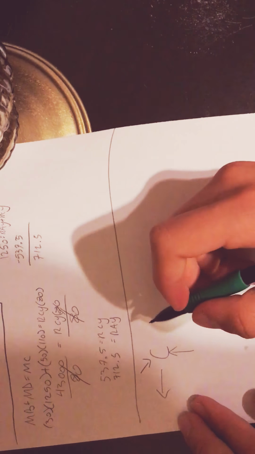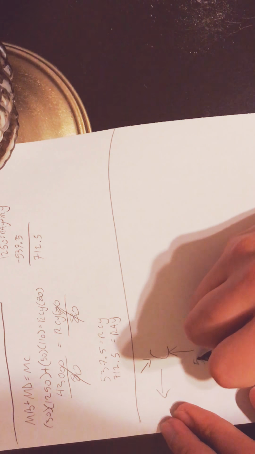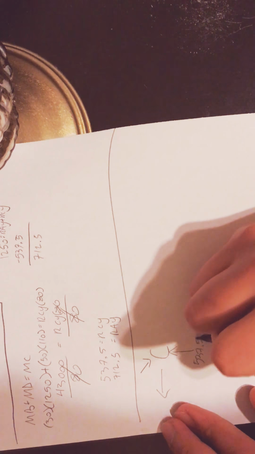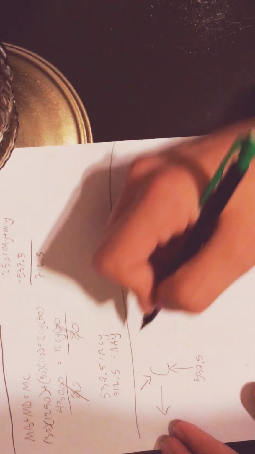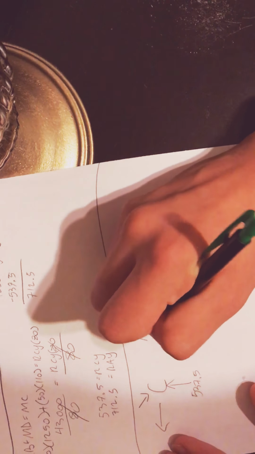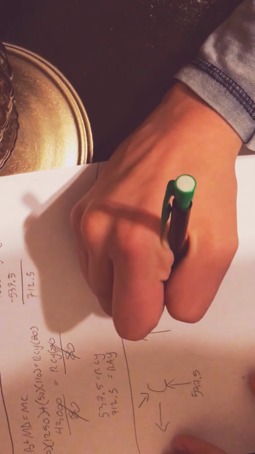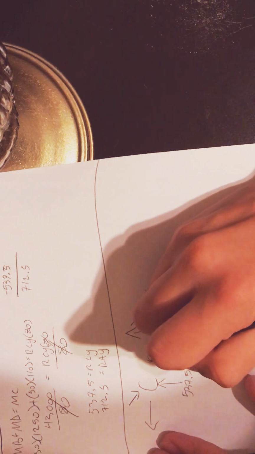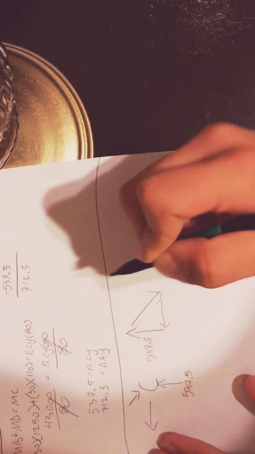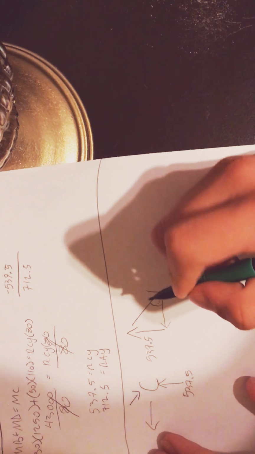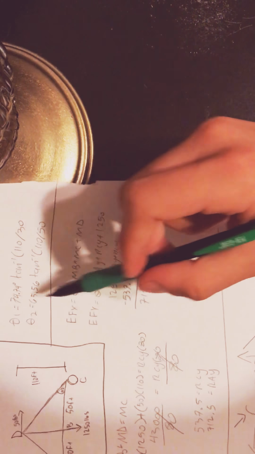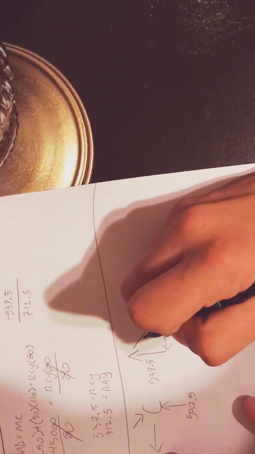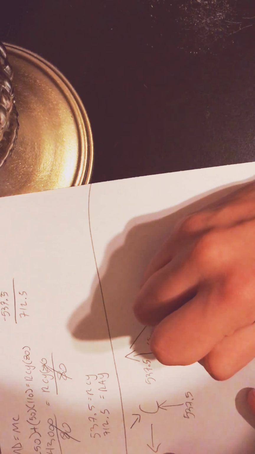We already know our Ricky, so we're going to do 537.5. And we're going to make a triangle out of these little angles. We're going to do 537.5 over there, and we're going to add our angle 2, because we're solving for C. So our angle 2 is 65.56.